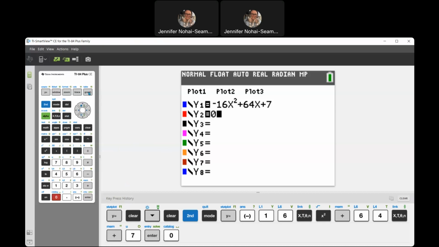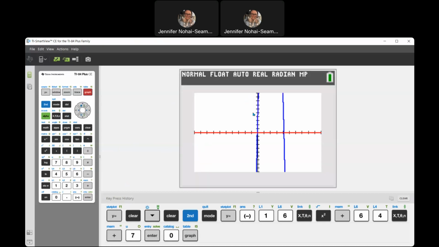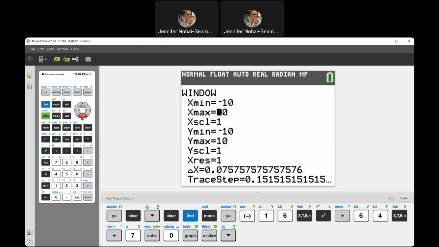Now, if I press graph now, I probably won't get really the top of my arc here. If you want to see the top of the arc, remember, we found the height of the parabola was 71. So I can change my window here to a y max of like 75, and then I'll see the top of that graph.